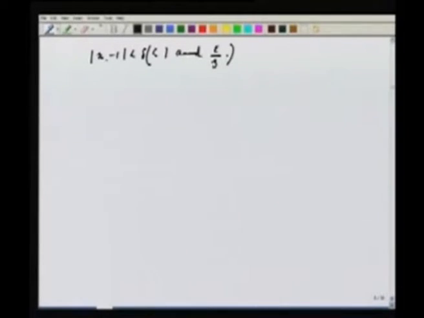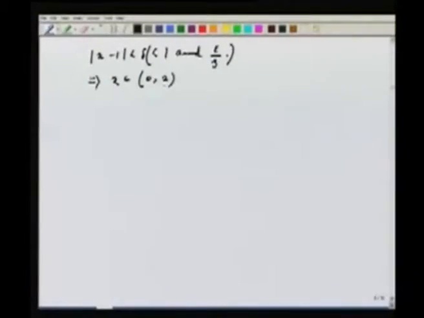Now if mod of x minus 1 is less than 1, that means the distance between x and 1 is at the most 1. This implies in particular x belongs to the interval 0, 2. Correct?